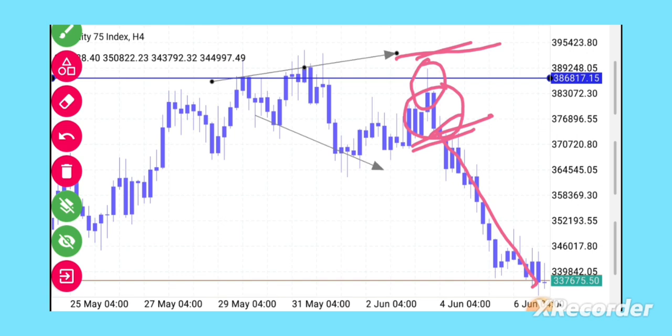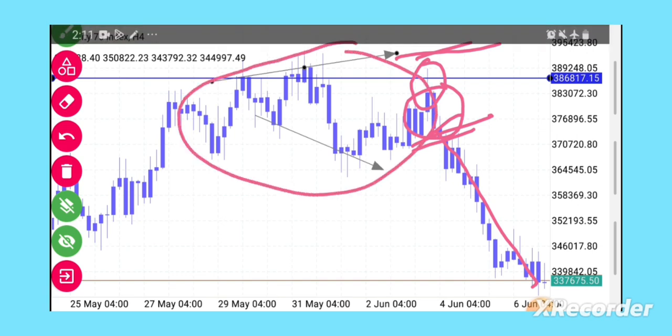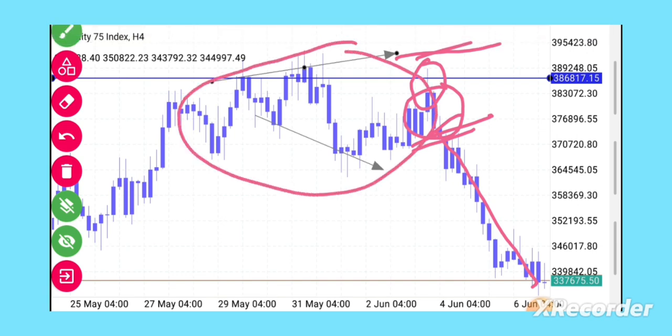Are you getting the point? This is the hack, guys. Always do it like that to find the market. That is what you always have to look for. That is the only thing you always need to do in the market.